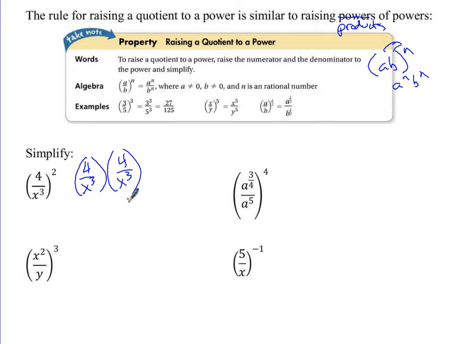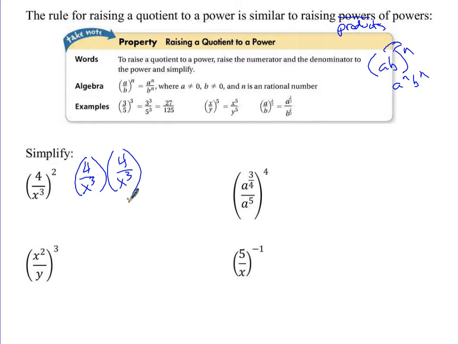How do I multiply fractions? Just multiply across, yeah. So in the top, the numerators, we have 4 times 4, which becomes, yeah, we know it's 16, but I don't want to write 16.